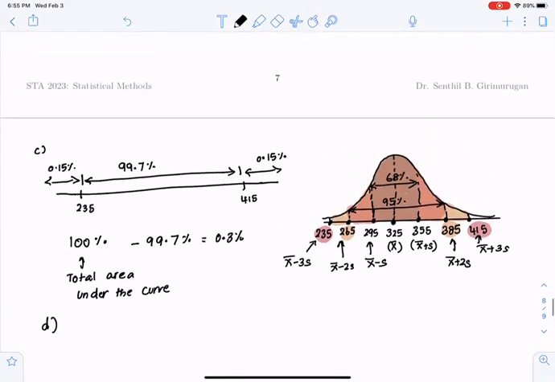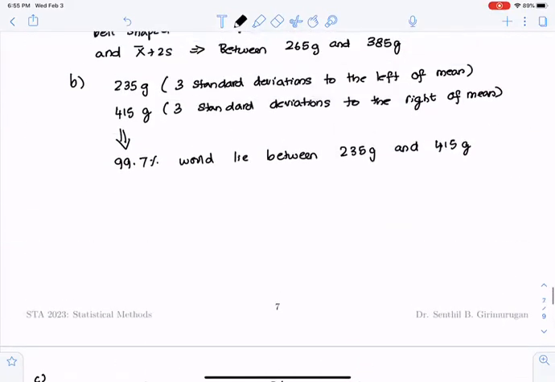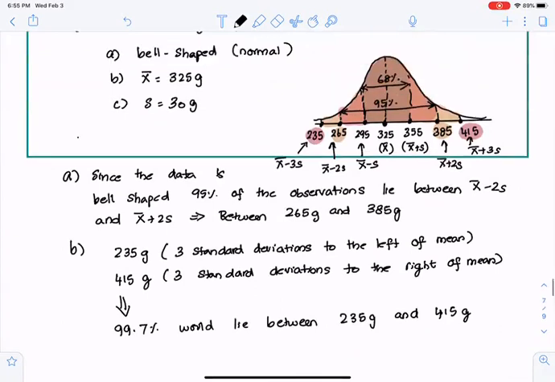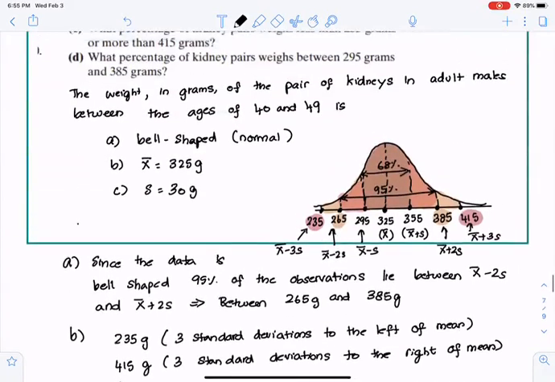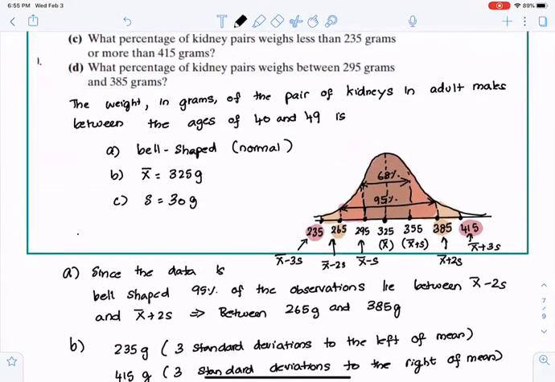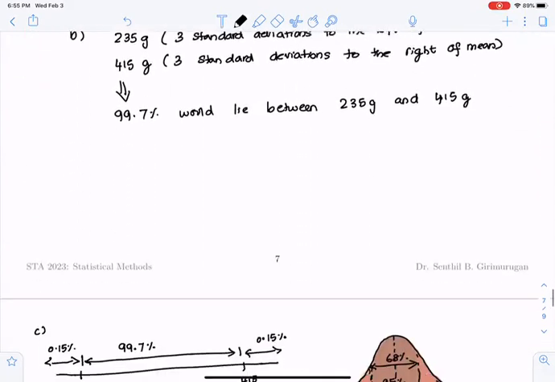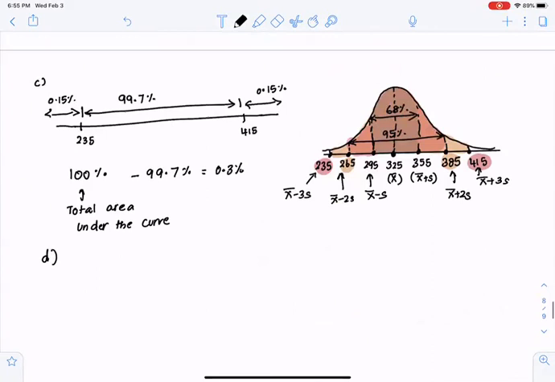Part D would like to know the percentage of kidney pairs that would weigh between 295 and 385 grams. So I have my reference picture there.